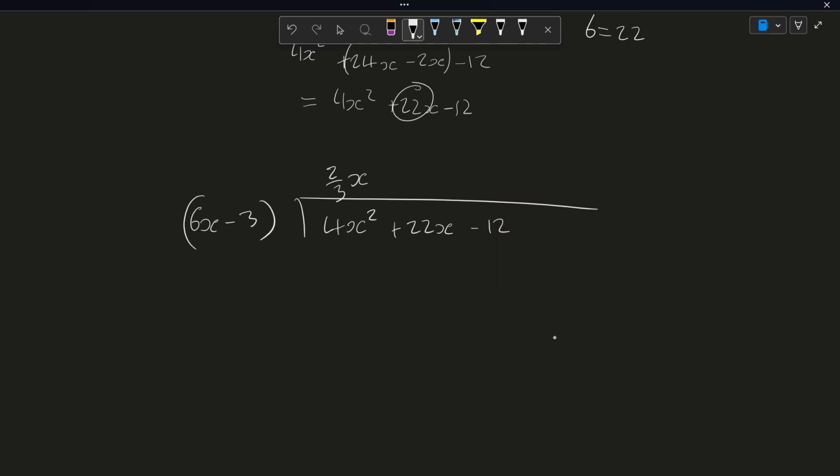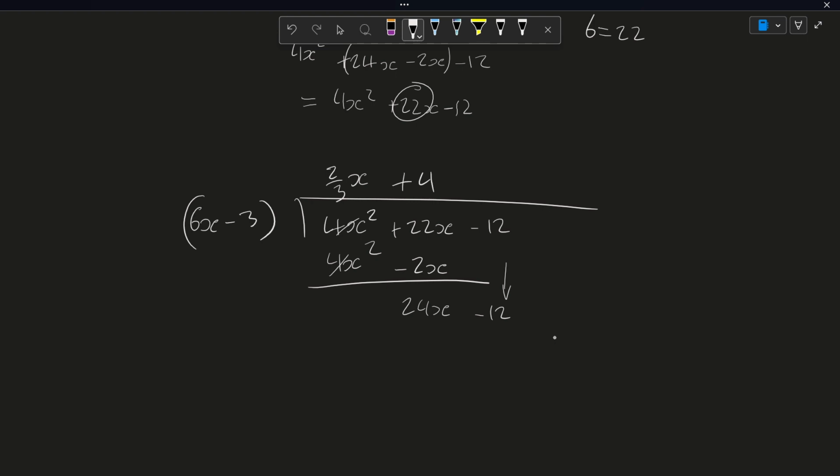This multiplied by this gives 4x squared. This cancels this and becomes a plus 4 minus 12, then 24 divided by 6 is 4.